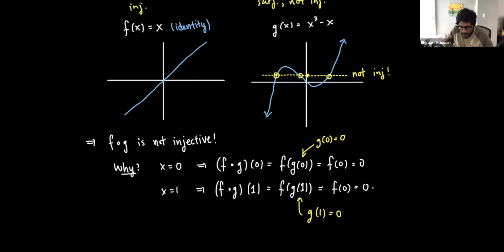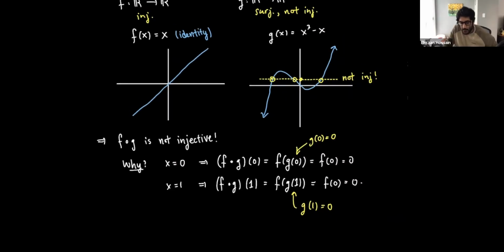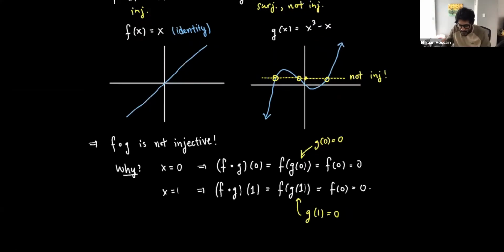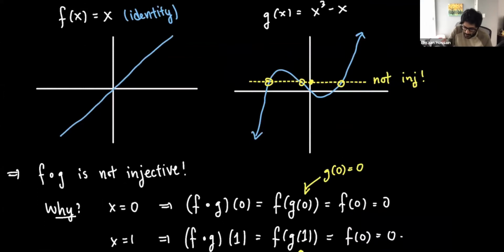Okay, so what was the strategy for this? Try to come up with a function that's not injective, that hits 0 more than once. I gave this example on this line, but I could have just given the origin as an example.